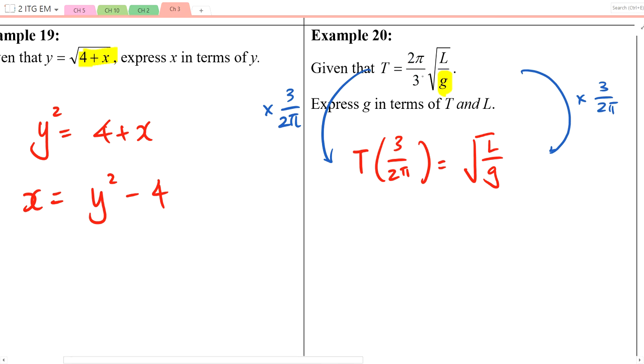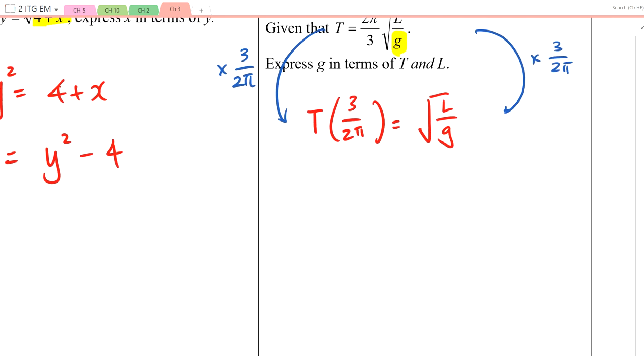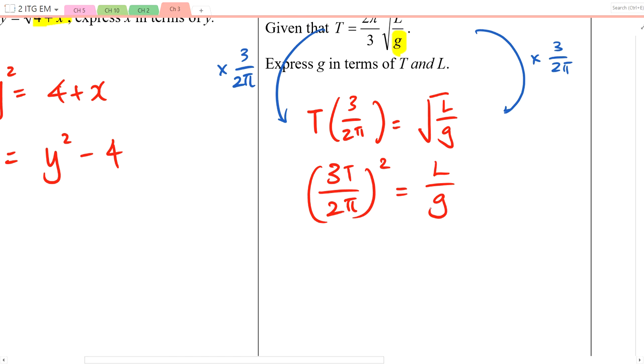Okay, now I want G only. So it is found inside a fraction, which is found inside a square root. Next thing I need to do is to get rid of the square root by squaring both sides. So this gives me 3t over 2 pi, and then I square it to give me L over G. Now at this point in time, you may want to put G on the left side.